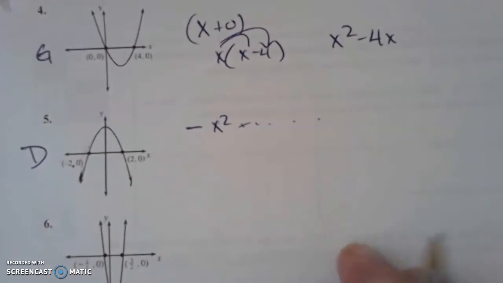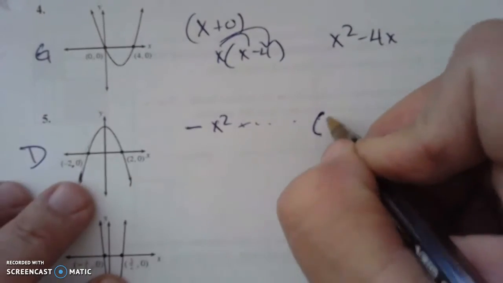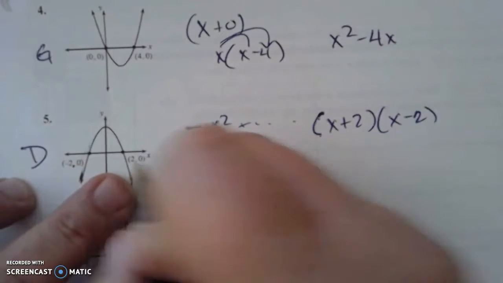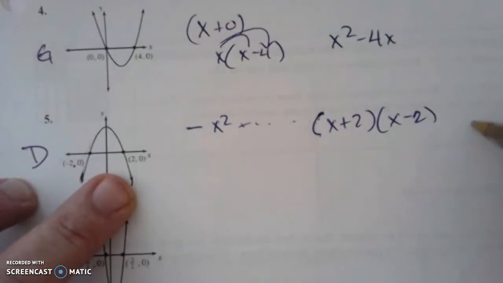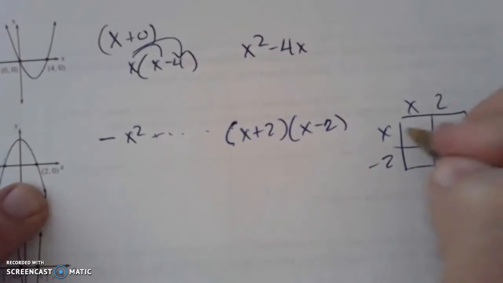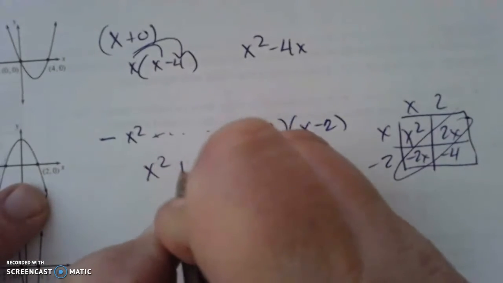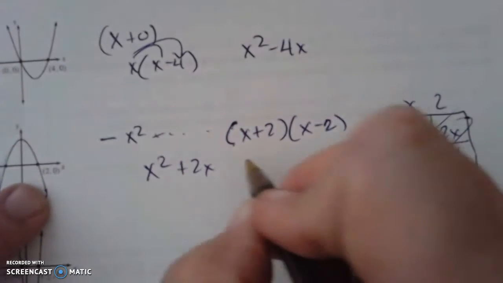I can just put D, but for fun, let's go ahead and go x plus 2, x minus 2, because that's a positive 2, so the opposite. And so you can see this, x plus 2, x minus 2, you're going to get x squared, -2x, positive 2x, and -4. What happens when you add that together?